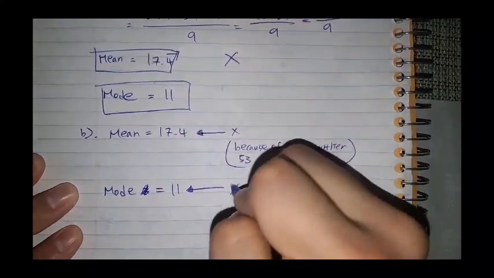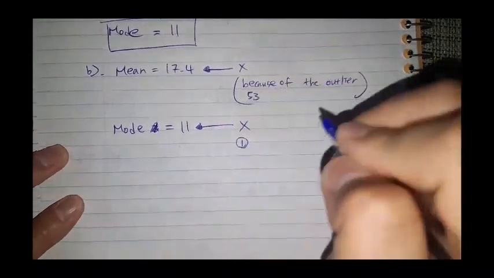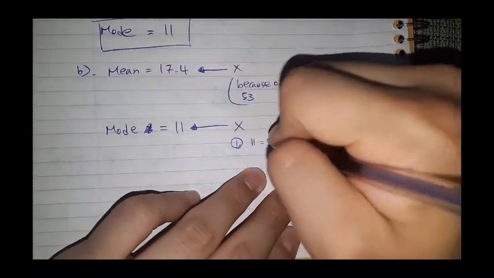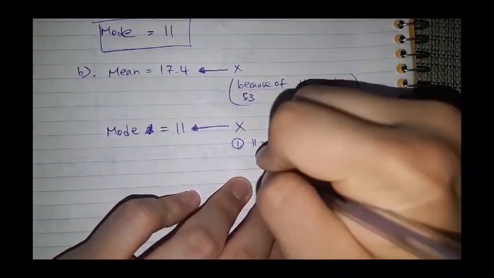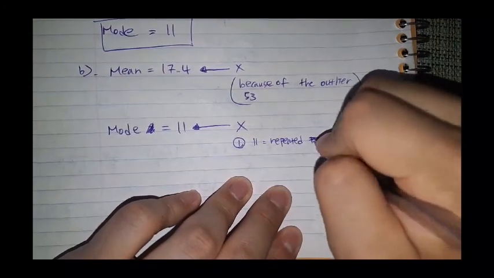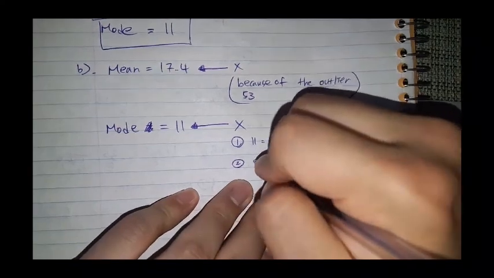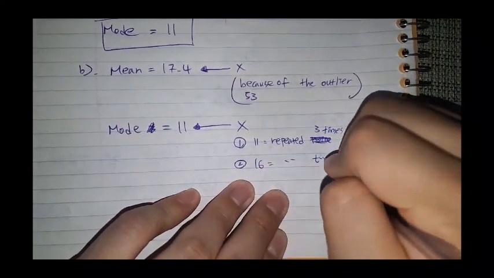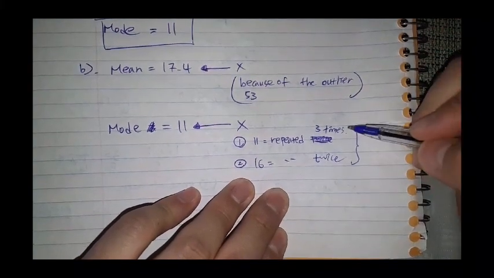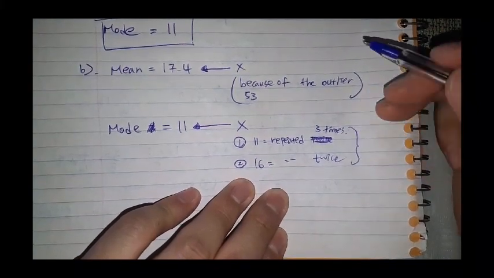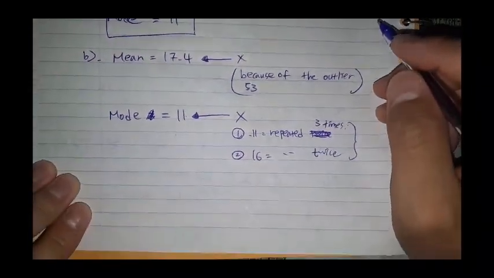Mode, that is equal to 11. This mode is also not a good idea for this situation because there are two reasons. Number one, 11 repeated 3 times. But when it comes to our second number, 16, it repeated twice. These two are very similar. It's not distinctively overruling the repeated number. So because of this reason, mode is out.